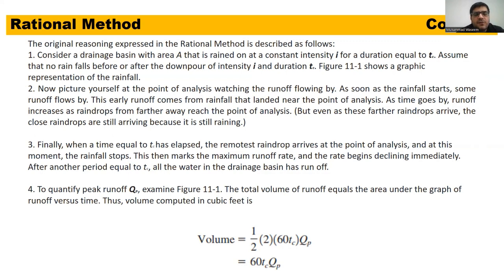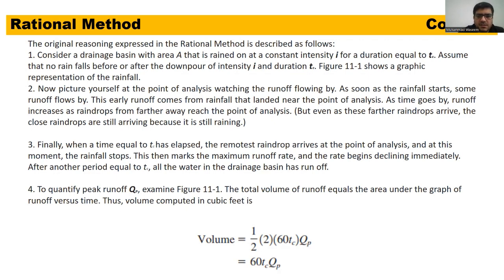So finally, to quantify peak runoff, examine figure 11-1, which we have shown already. The total runoff volume equals the area under the graph of runoff versus time. So the volume computed in cubic feet is half into 60 into time of concentration into QP.